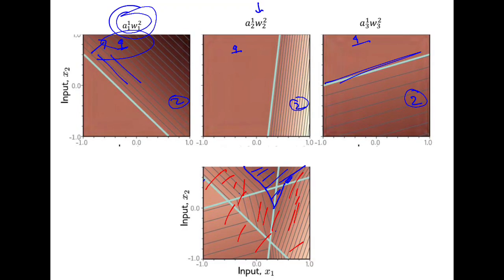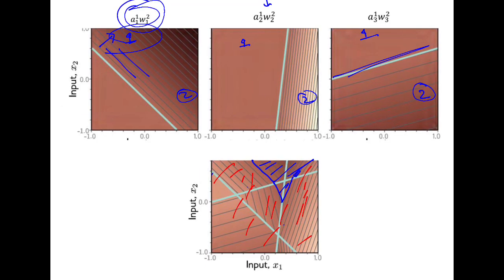But the thing that is still open is the number of units that you will need to represent different types of regions. And it turns out as you go deeper, you would need fewer units to represent the same complexity. Here you might need exponential units for certain kinds of functions, like XOR.